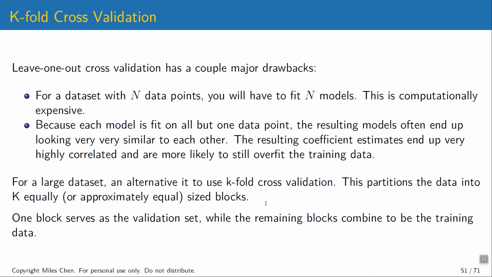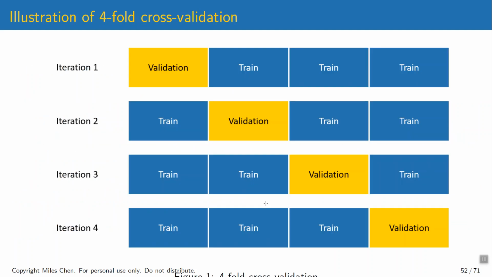Okay, so generally you'll shuffle the observations and select a chunk of however many at a time. The remaining chunks serve as the training, and one block serves as the validation set.